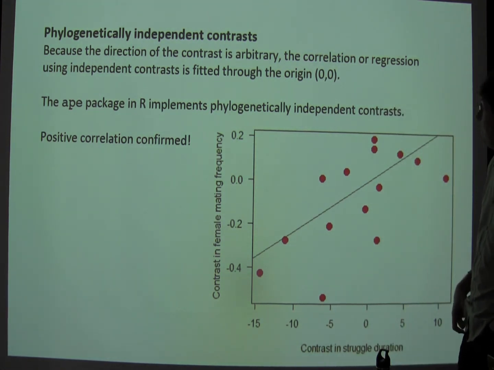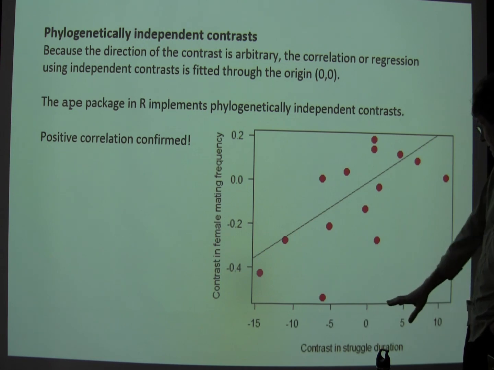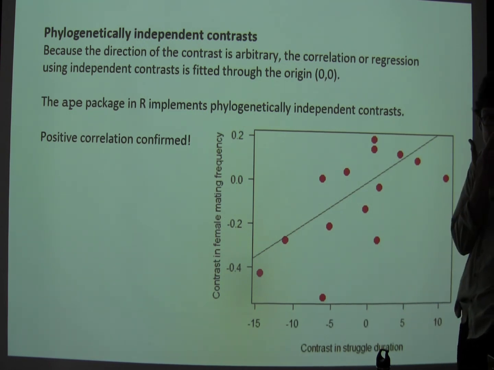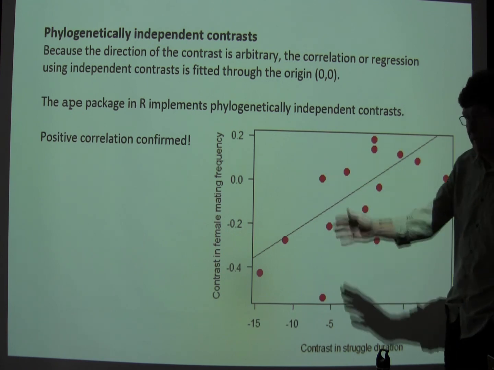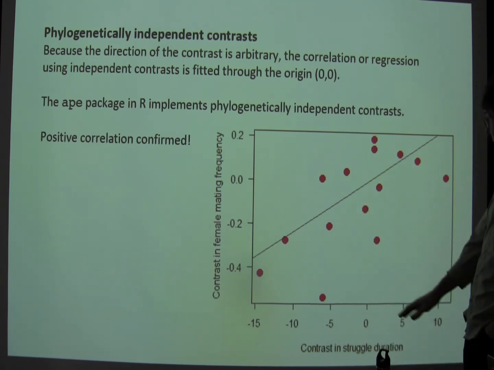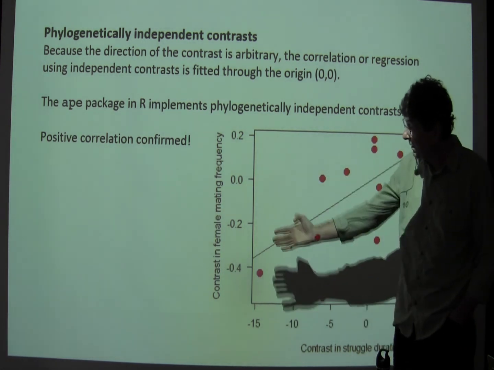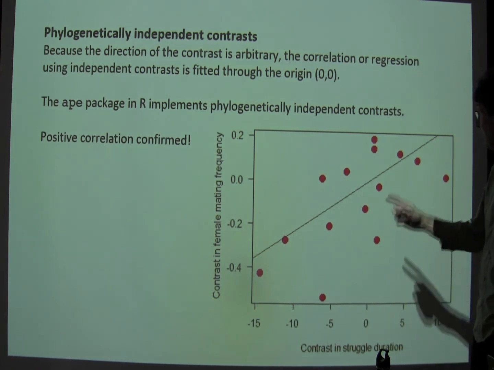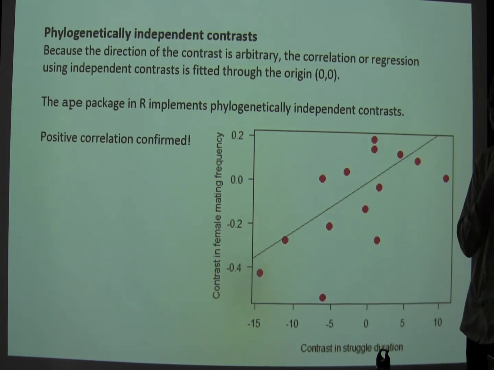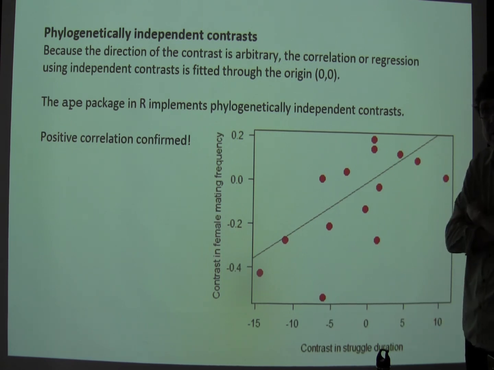And so here are the results. Now, instead of the n measurements on each of these two traits of the 15 species, we have 14 contrasts. So we have the contrast in struggle duration, the contrast in female mating frequency, and we see that there remains a positive correlation between the two after correcting for phylogeny.